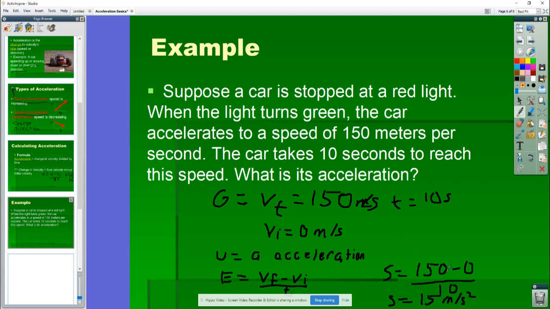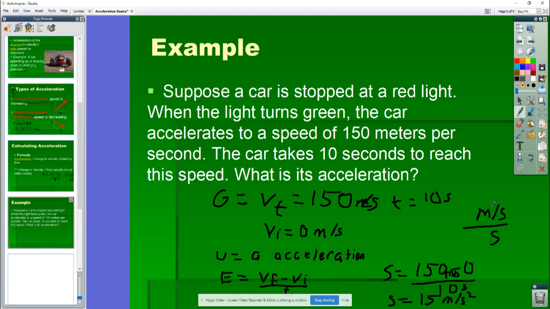So for example, we know this is 150 meters per second, and we know this is 10 seconds. So you have meters per second on top of a fraction, seconds on the bottom of a fraction.